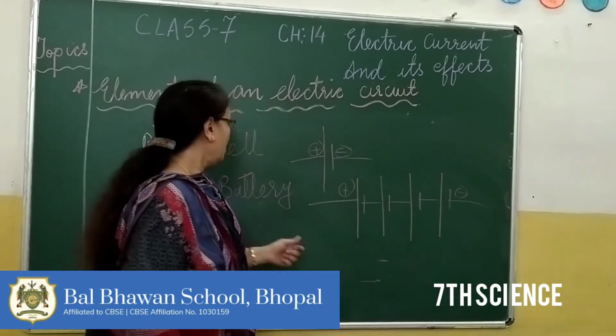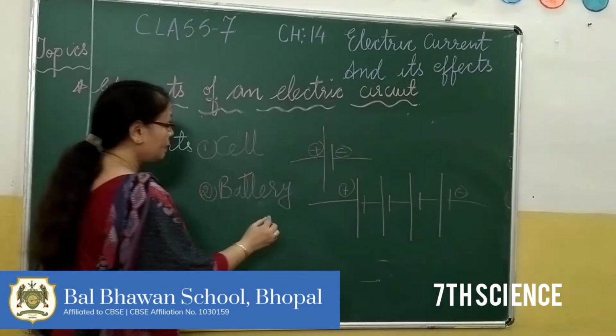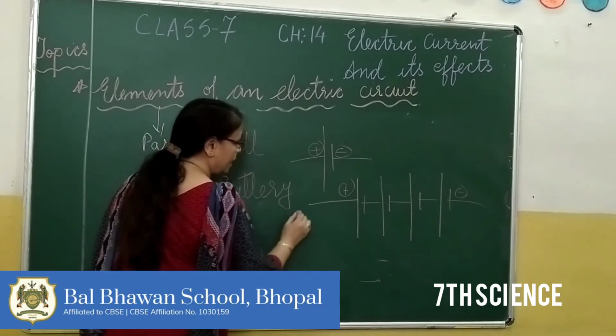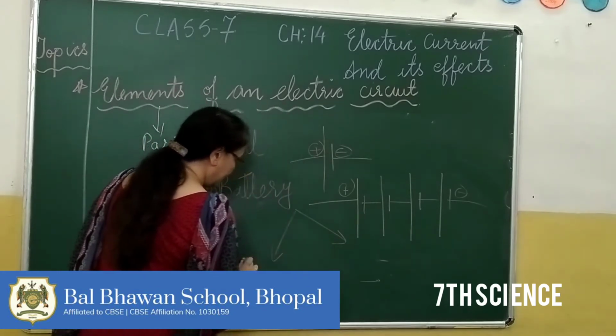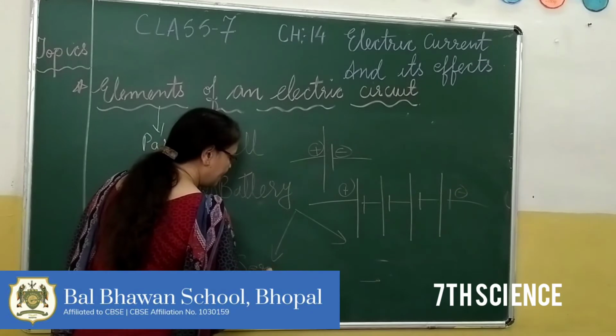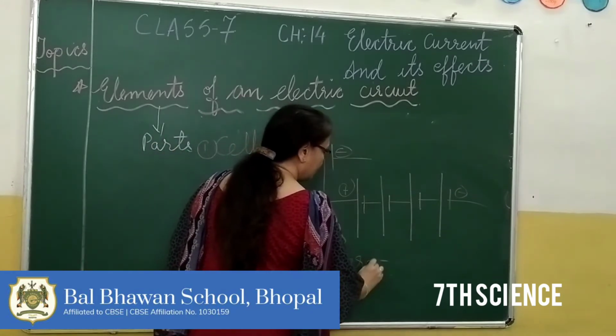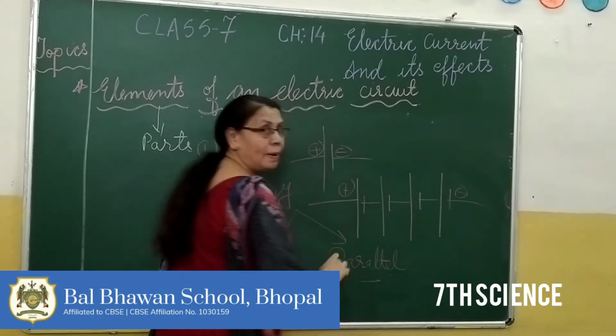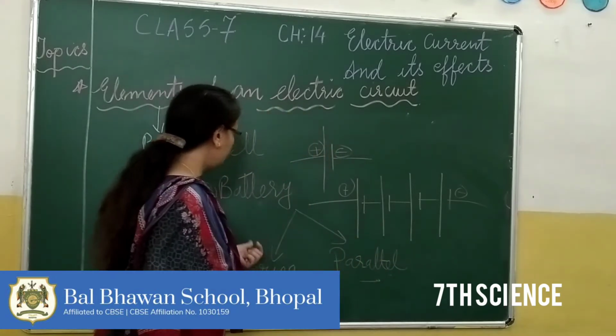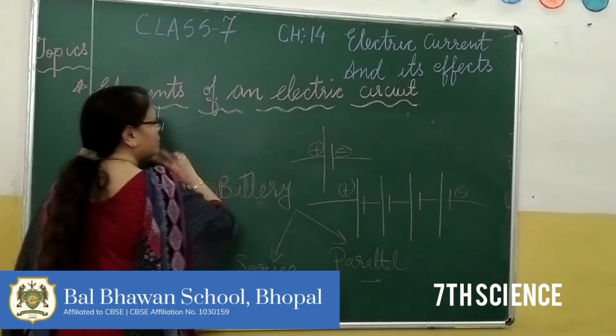Clear? Now, you have already studied in the previous class that cells in a battery can be connected in two ways: one is series, one is parallel. Now, let us draw a symbol for series and parallel connection also.